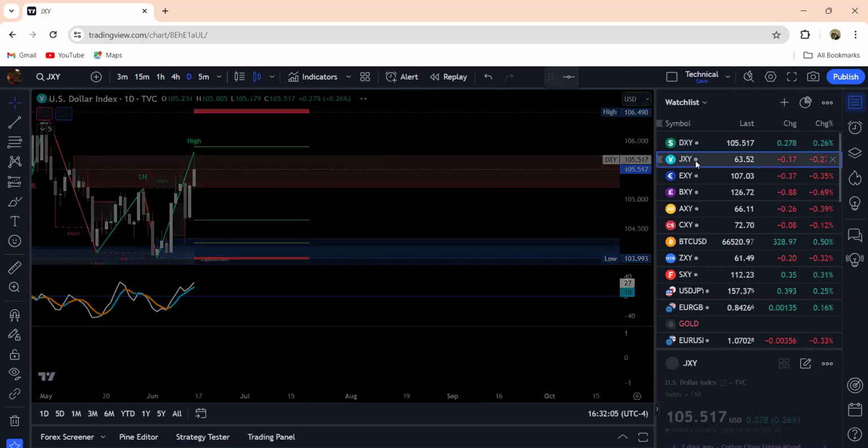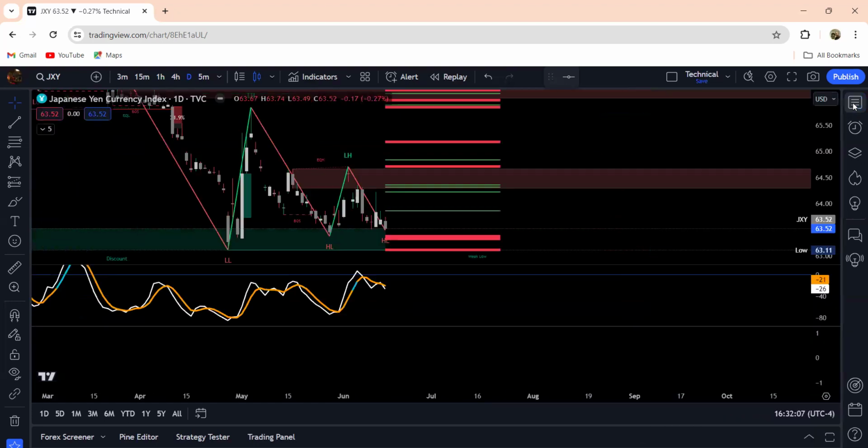Let's take a look at JPY, since that's the other half of the currency pair that we trade. So as we can see, momentum, the white line is below the orange-yellow line. So momentum for the Japanese yen right now is bearish.